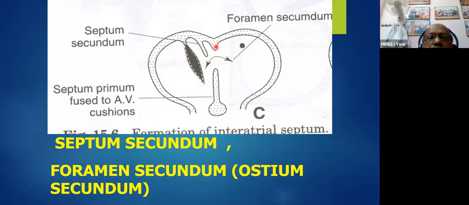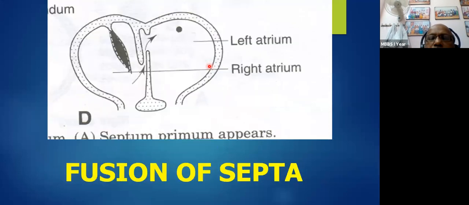To the left of the spurium, to the right of the septum primum, we have formation of the septum secundum. That septum secundum descends downwards and overlaps your septum primum that has already fused with the septum intermedium. So that opening will be maintained for the shunting of blood from right atrium to left atrium till delivery.